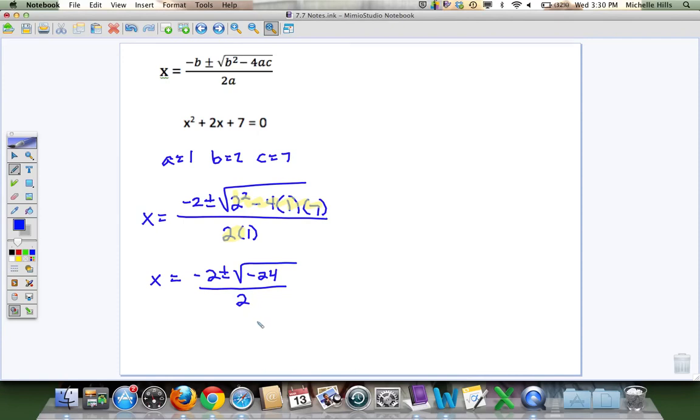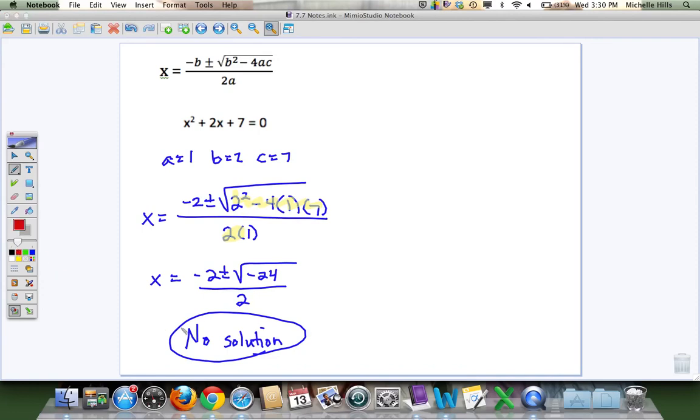Well, there isn't anything in the real number system that we're working with right now that will do that, because a positive times itself is a positive, a negative times itself is also a positive. I could never get an answer of negative 24. So I'm going to write no solution. There's no point in me even trying to calculate this because I can't.